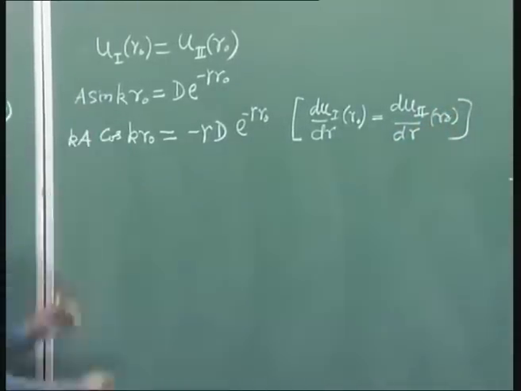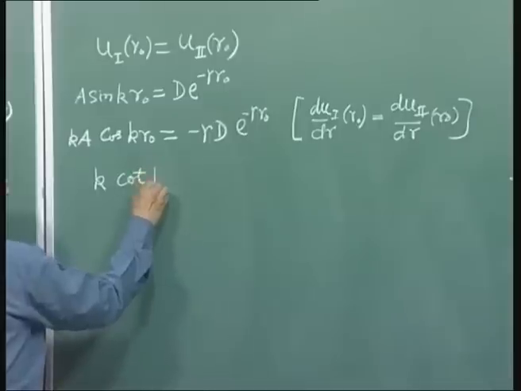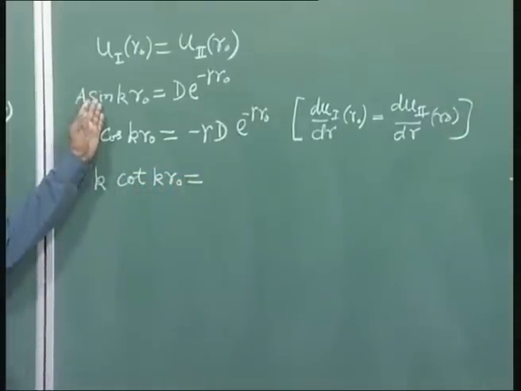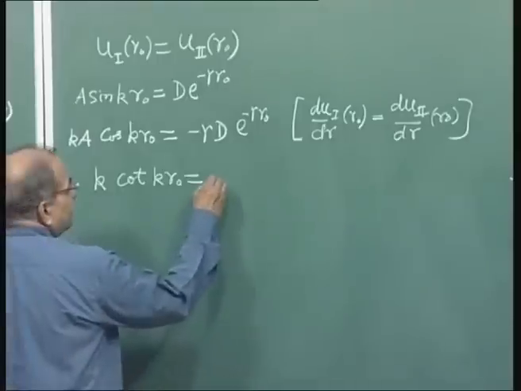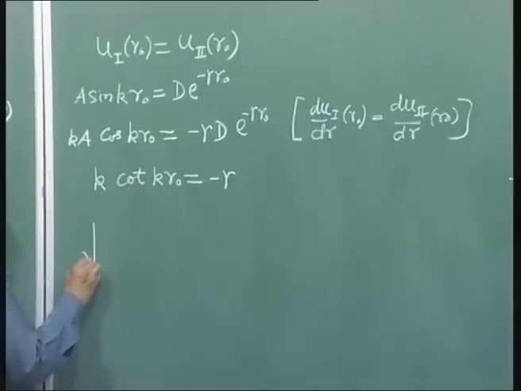Now, if you divide, what you get is k times cot k r naught. Just divided by this, and on this side it will be minus gamma. If you write in full, what was k? Tell me what was k?